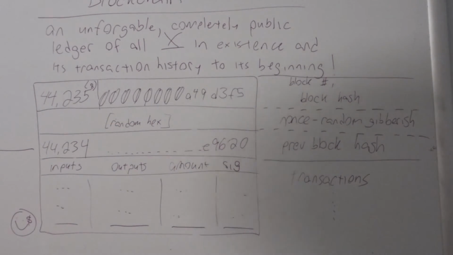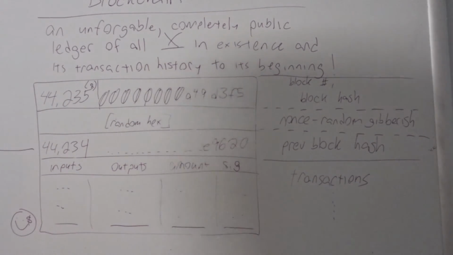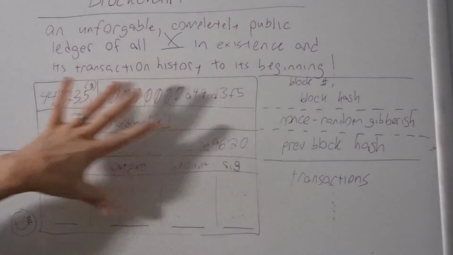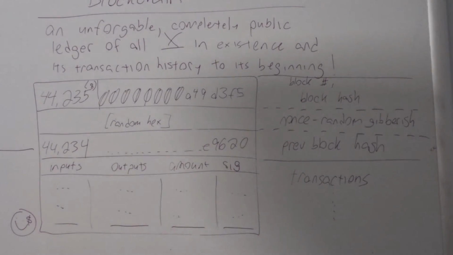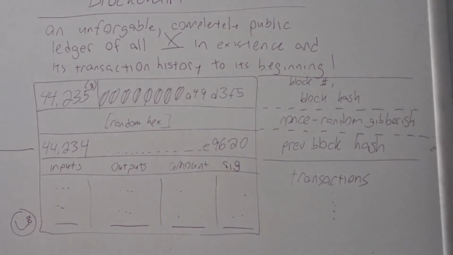So if somebody is attempting to send a transaction to you from an account, also called an address, that has a balance, you can request this whole blockchain and very quickly verify that that account has the money, and therefore you will hand over the t-shirt or whatever it is you're selling.